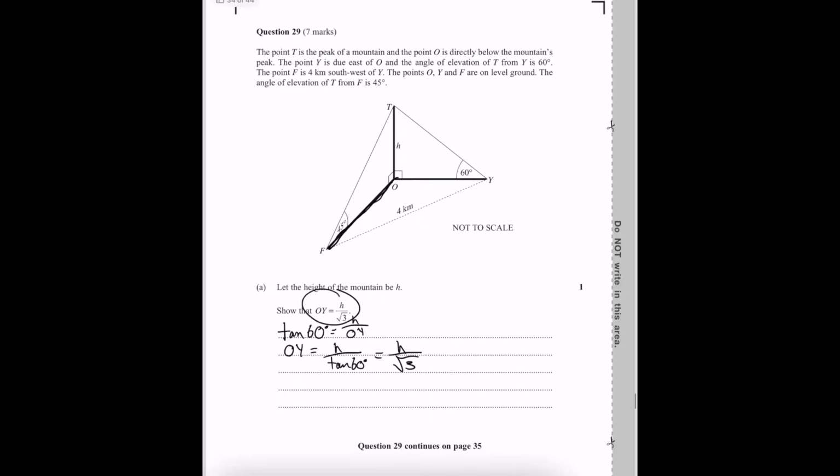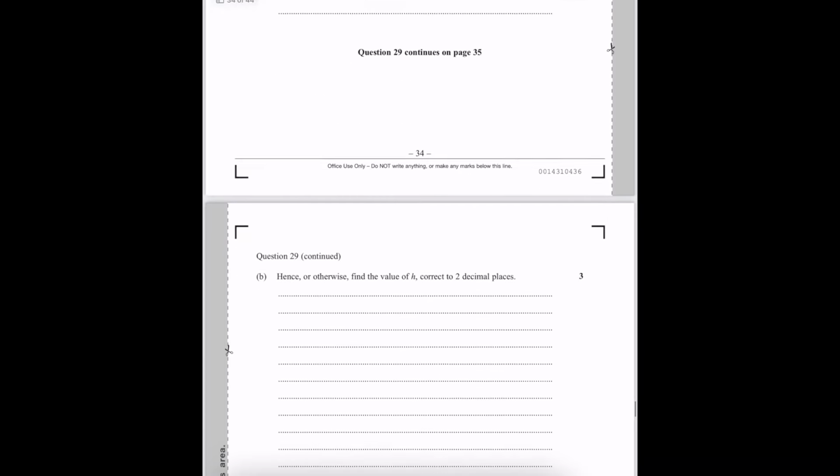What we can see is that we've got h here, we've got OF, and we've got the 45 degrees. And so we can bind this all together by tan. So tan 45 degrees is equal to h on OF. That means OF is equal to h on tan 45. Tan 45 is just equal to 1, so that means OF is equal to h.